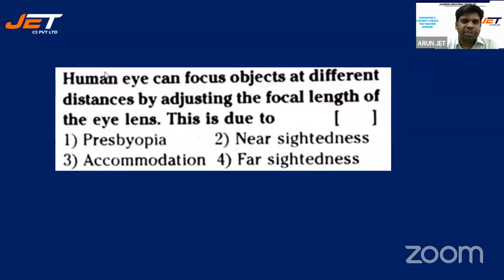Human eye can focus objects at different distances by adjusting the focal length of the eye lens. This is due to presbyopia, nearsightedness, accommodation, farsightedness. Yes, consistent response this time. Good, it's accommodation. Excellent. That's absolutely right.